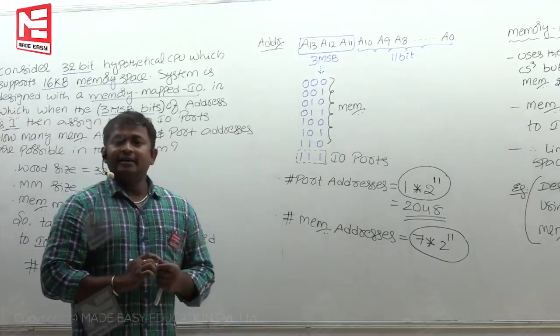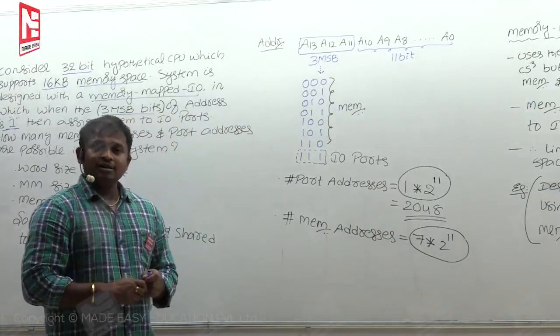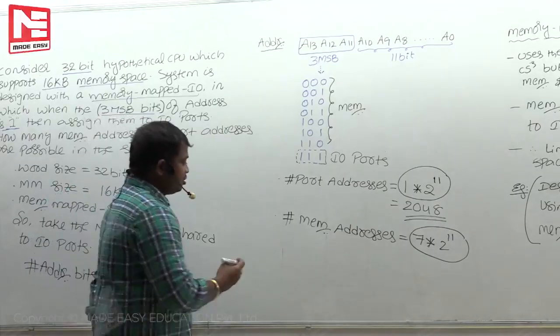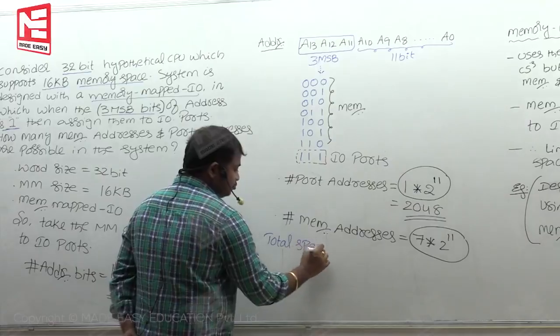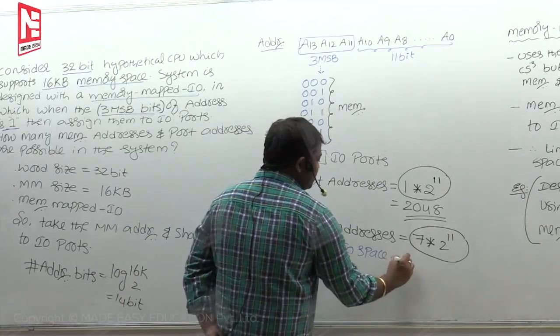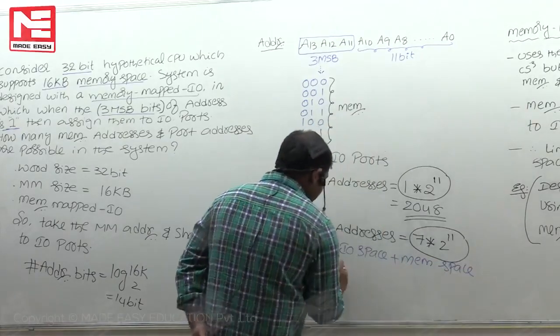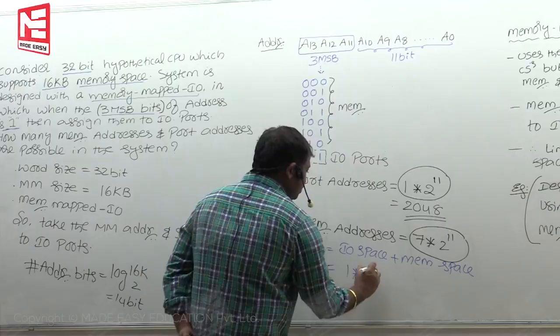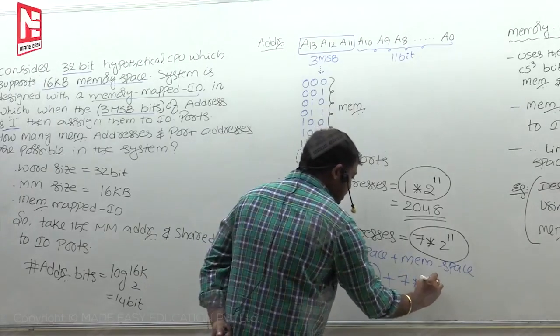To decide whether the question's solution is correct or not, to cross verify the solution, we can check like this. Total space equals IO space and memory space. That is 1 into 2 to the power of 11 plus 7 into 2 to the power of 11.